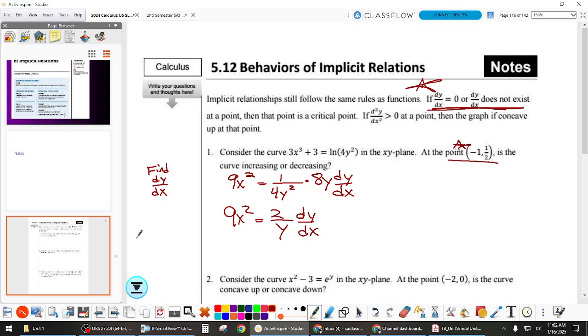To know if this derivative is positive, is that good enough to know it's increasing or decreasing in this problem? It is. Yep, because it's just the slope. So at this point, we're good to plug in.